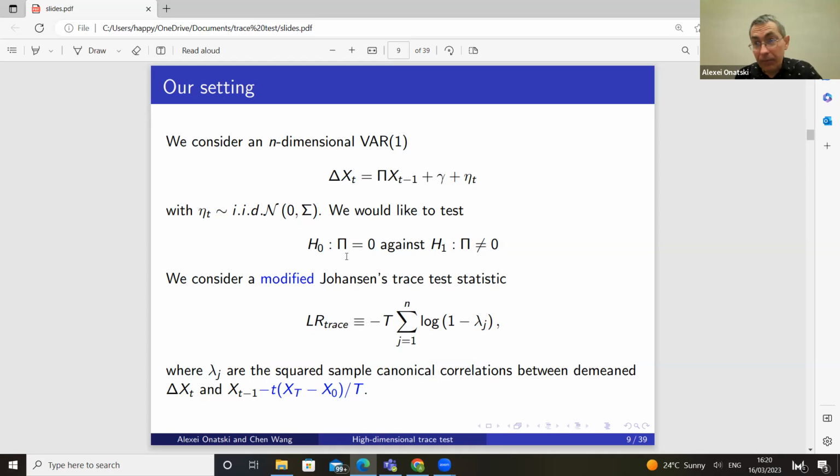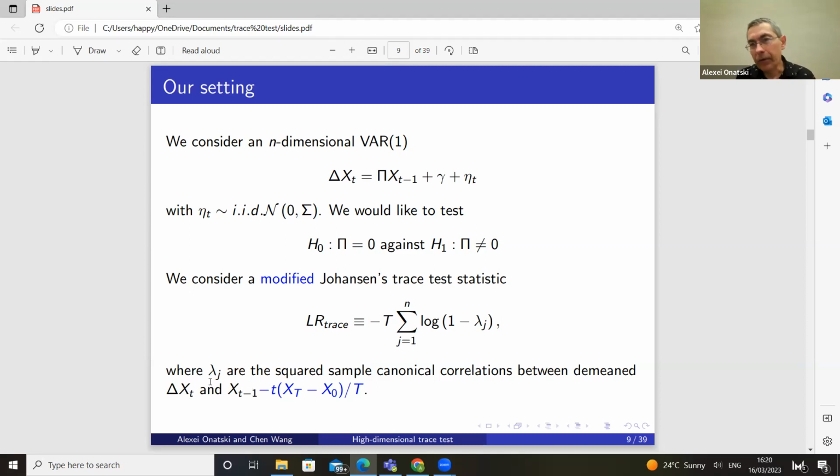Now, I'm testing null that pi is equal to 0 against alternative that pi is not equal to 0, and consider modified Johansen trace statistic. Why is it modified? It's modified in the same way as Bykhovskaya and Gorin modify the maximum eigenvalue statistic. Well, basic modification comes from the following thing.